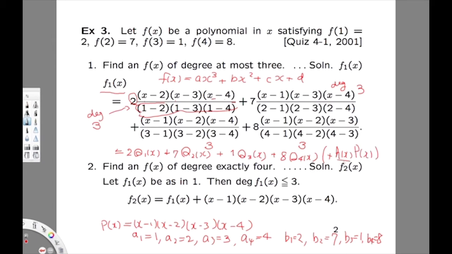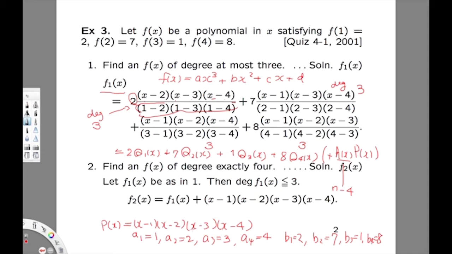And h of x is a polynomial of degree n minus, in this case, 4, since there are 4 numbers, a1, a2, a3, a4. But just forget about it. So you have something at the bottom. What is p of x? p of x is the one I've written here.